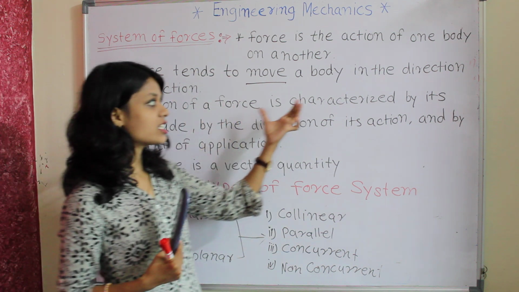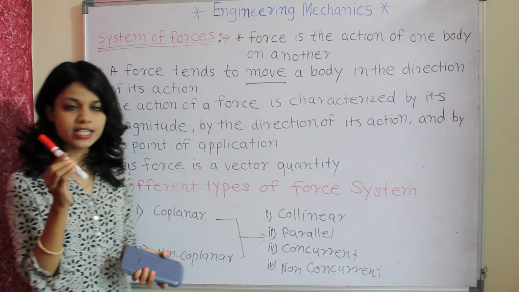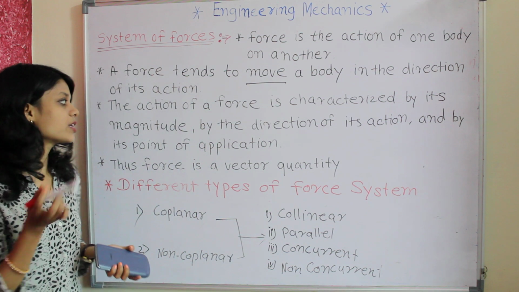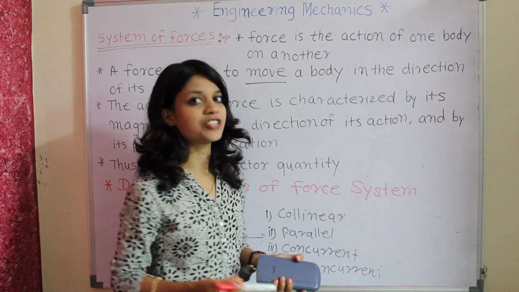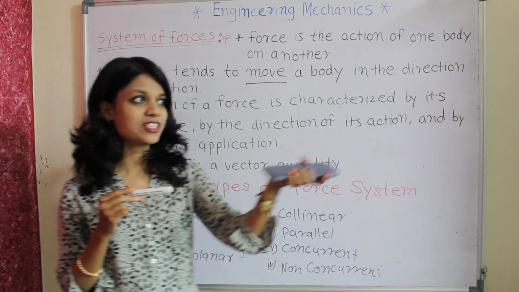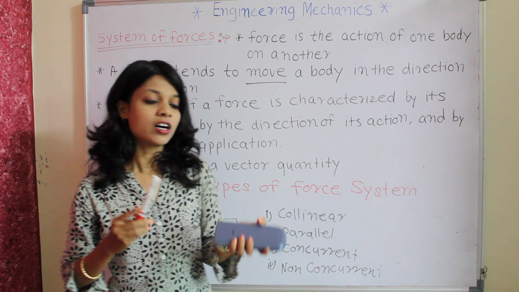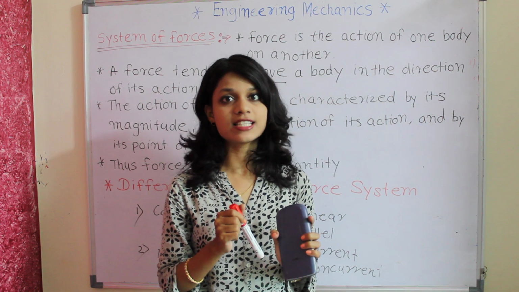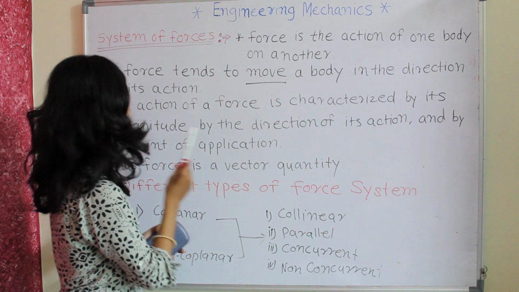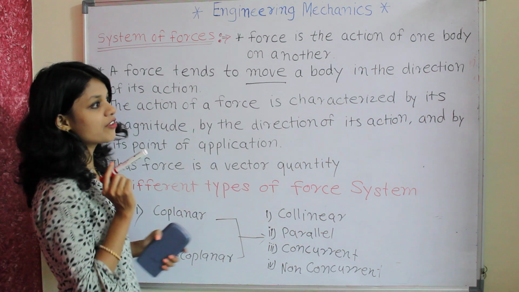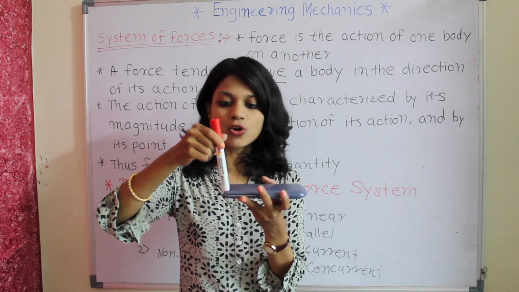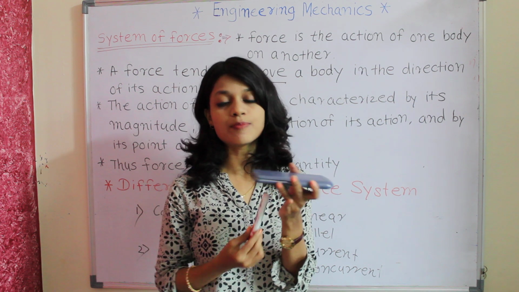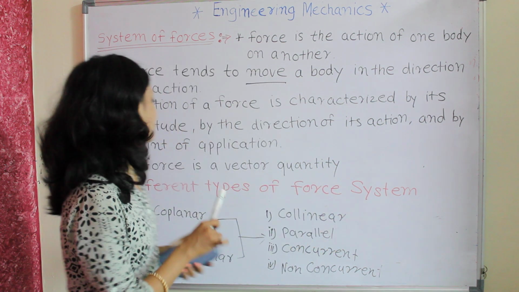Force magnitude: 10 kN, 5 kN, 20 kN, 30 kN, 2 Newton, etc. By the direction of its action: toward left side, right side, inclined, vertical, downward direction, 30° from x-axis, etc. And by its point of application, where it is applied: at center, at corner, at 10 cm from left side, at bottom side, at left side, etc.